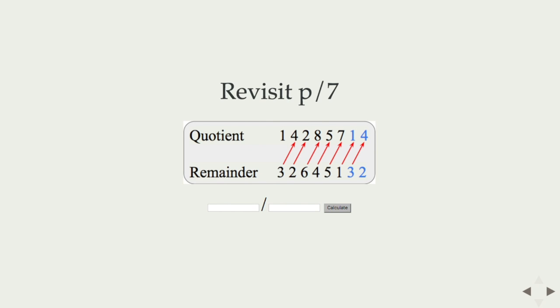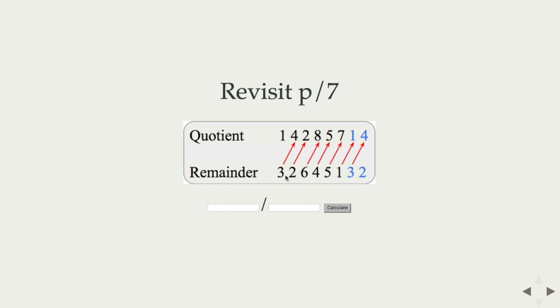Now let's think again about the process of long division for a number divided by 7. We already studied 1/7, but what about 2/7 or 3/7? Keep in mind that the remainder pretty much decides the future.